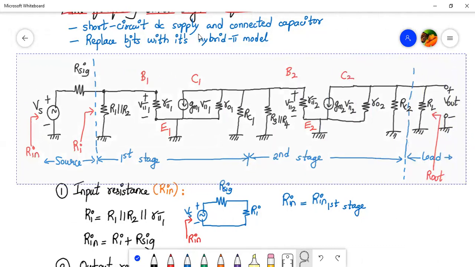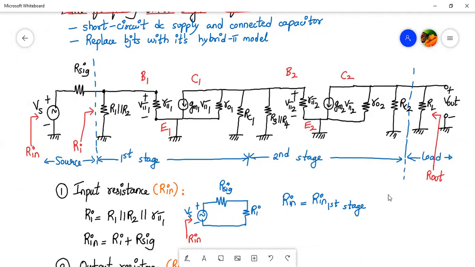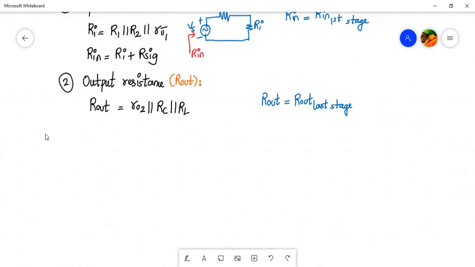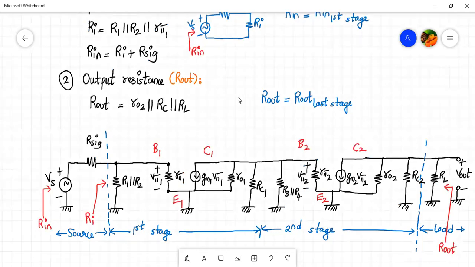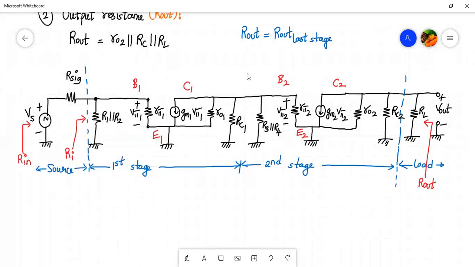So let me just add this below again, so that we have a fresh circuit with us. Okay, fine. So now we are supposed to find the voltage gain.